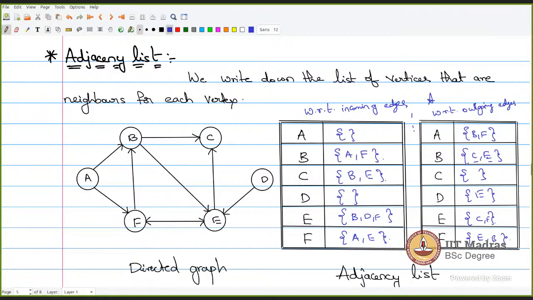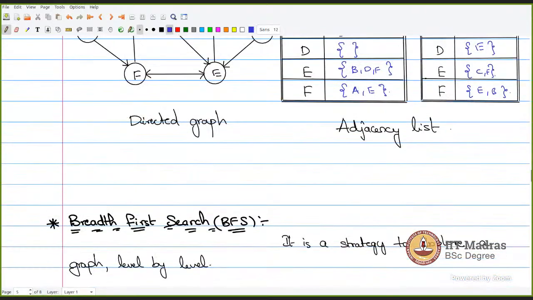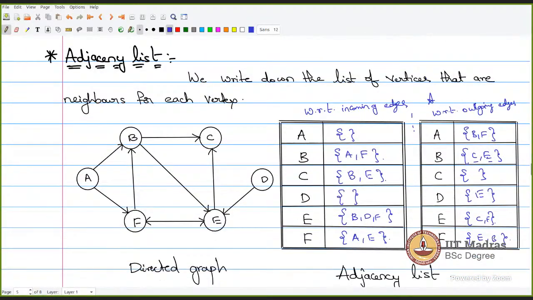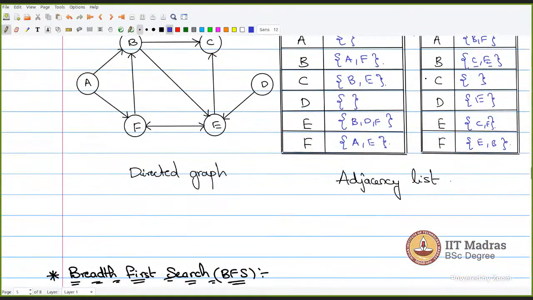So even in the lecture, I hope sir has discussed with respect to outgoing edges only. Okay, so that is about adjacency list.